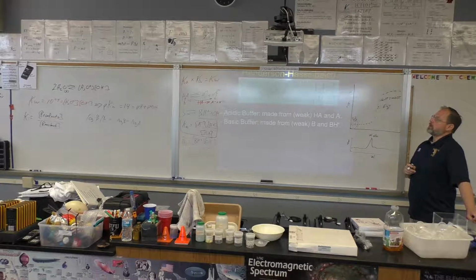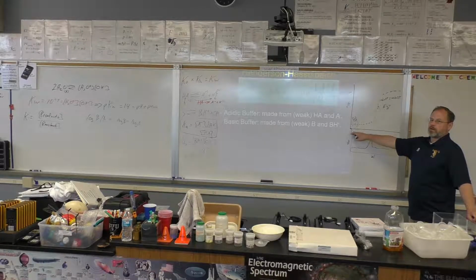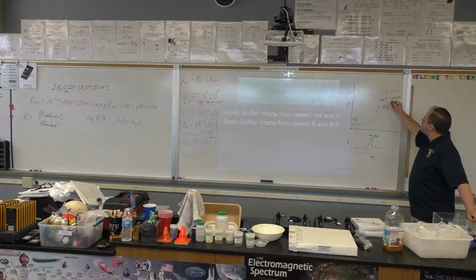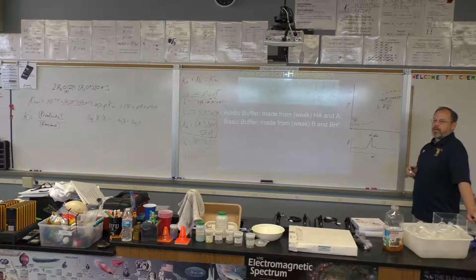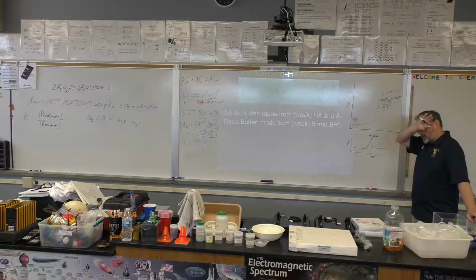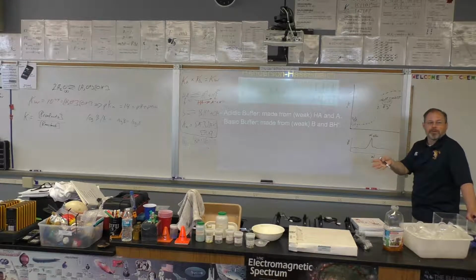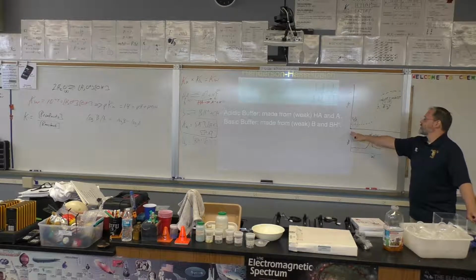Here's the really cool thing. If you have a lot of HA here, and basically none here, no HA anymore, if you have almost all HA, and mathematically, when I say almost all, I mean like 10 to the negative 5 divided by, okay, almost all. There's a few H pluses, there's a few A minuses, but it's mostly HA.